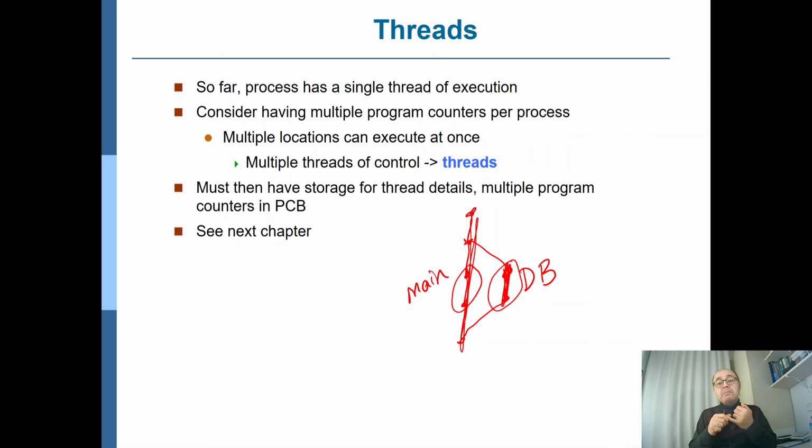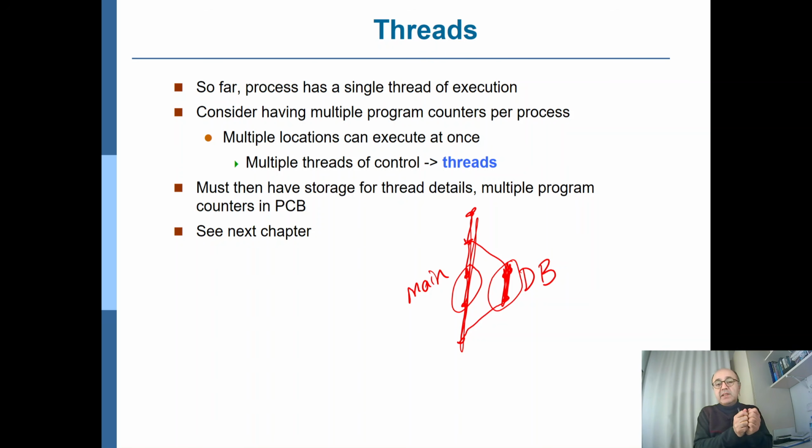That means you have multiple processors so that one runs the main thread and the other one runs the database thread, or very similar to multiple CPU systems, we have multiple core systems. A core is just like a small CPU with limited execution power, but it is in the same chip.